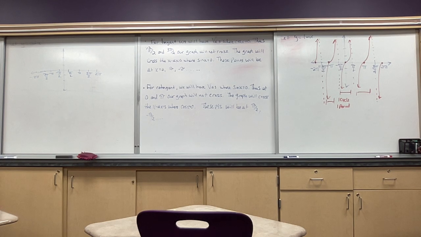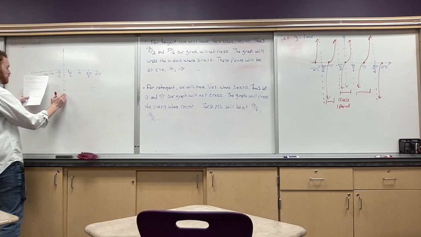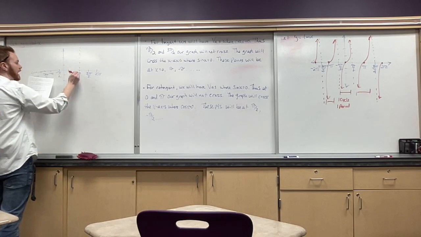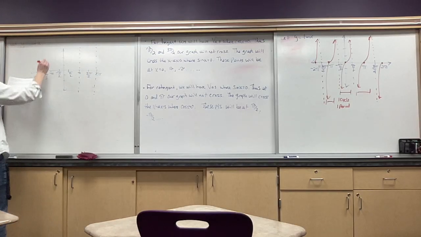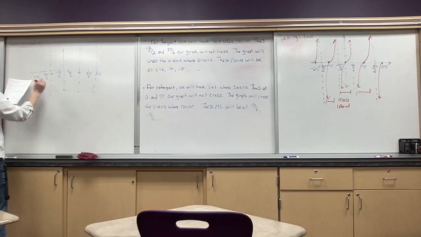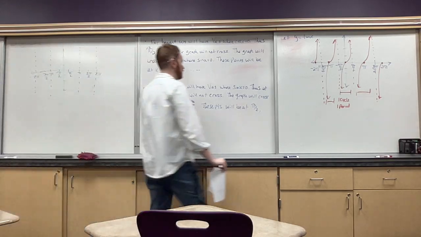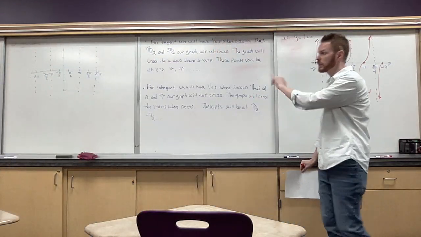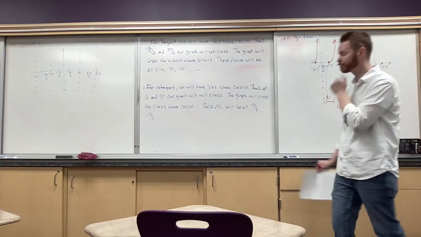I needed the board space. Okay, but for cotangent, our asymptotes are going to be at 0, pi, 2 pi. On this side, it'd be negative pi and negative 2 pi. Okay, so for cotangent, remember what I just said over here. The VAs are going to be where sine of x is 0. And sine of x is 0 at those locations, at those radian measures.